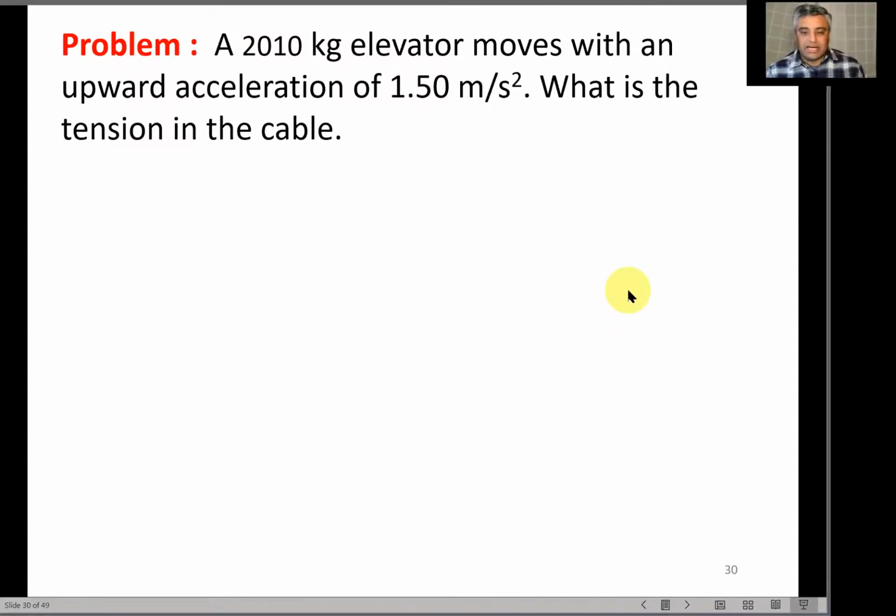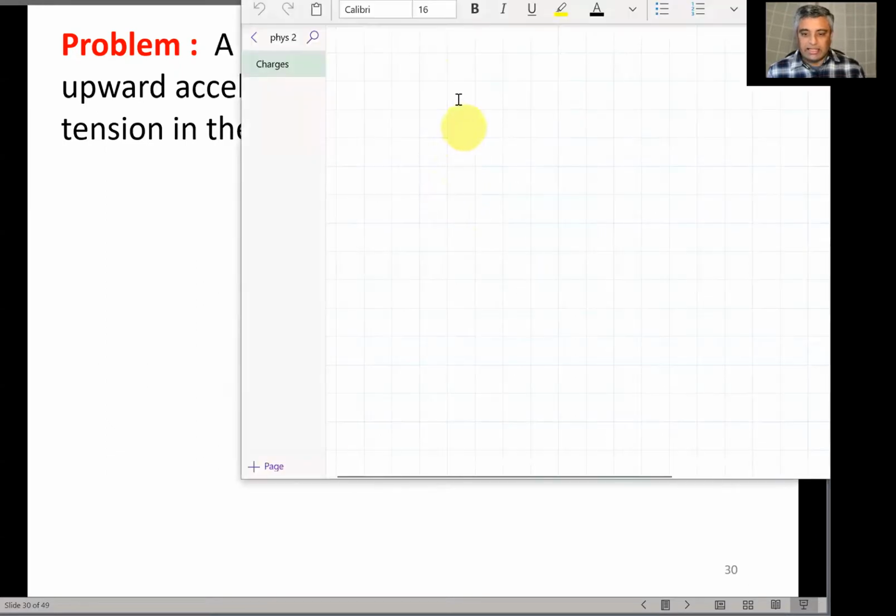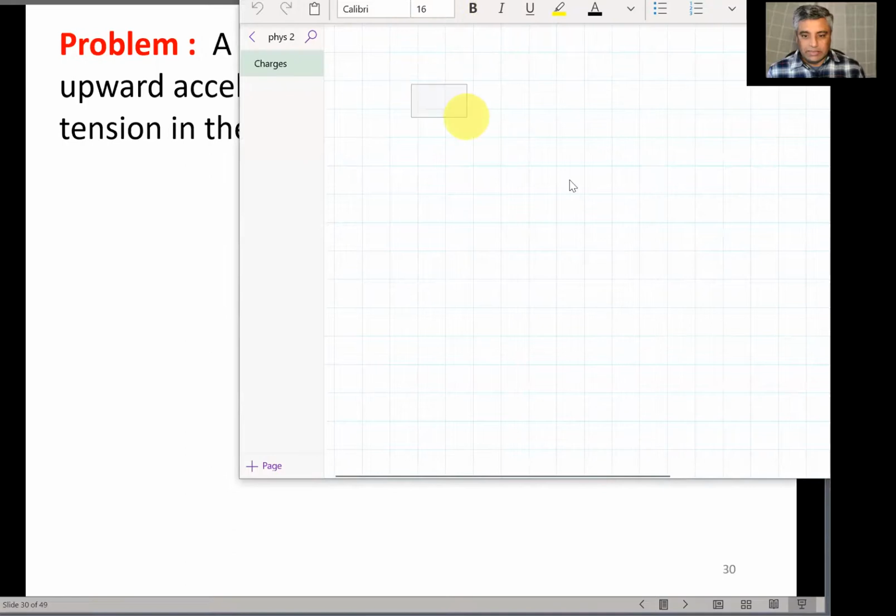So now it's time for doing some, let's say, numbers as well. Can you draw a free body diagram of the elevator in this case? Pull out paper and draw a free body diagram of the elevator, please. Uh-oh. What am I doing here? Stuck.